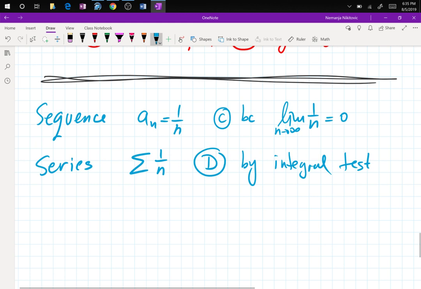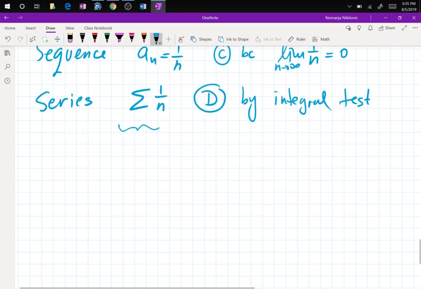It's called the Harmonic Series, and it is good practice to memorize today that the harmonic series summation 1 over n diverges. We just did the proof to show that it diverges by the integral test.